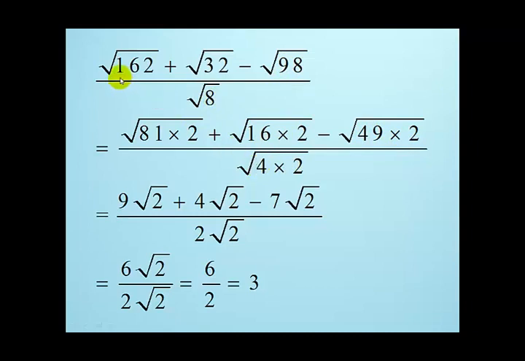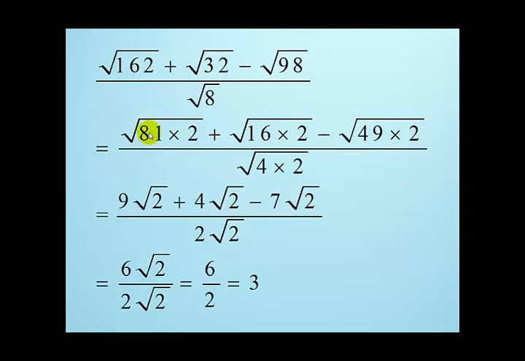This means that the square root of 162 plus the square root of 32 minus the square root of 98, divided by the square root of 8, can be simplified as the square root of 81 times 2 plus the square root of 16 times 2 minus the square root of 49 times 2, divided by the square root of 4 times 2. Now, when we take the square root of 81, the answer is 9.